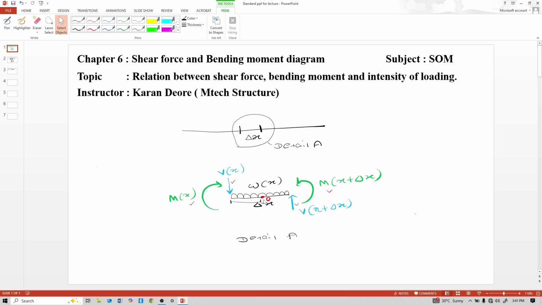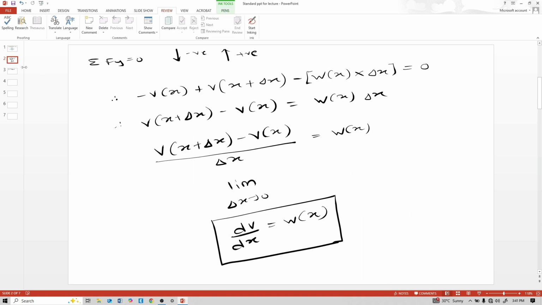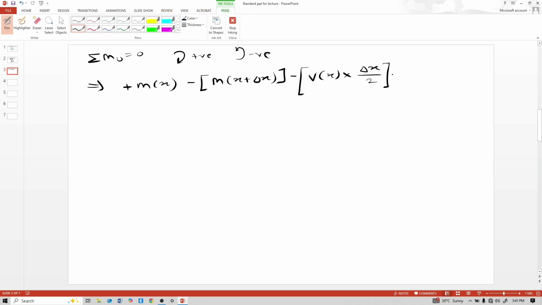And this force V of x plus delta x is also anti-clockwise. That means minus V of x plus delta x into delta x by 2. Moment is force into lever arm, force into perpendicular distance to that force, so equal to 0.